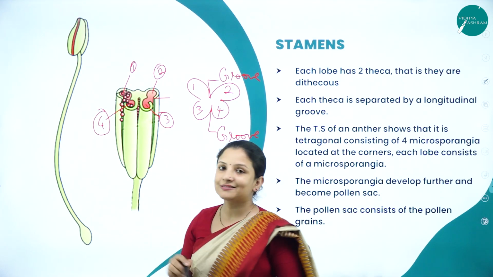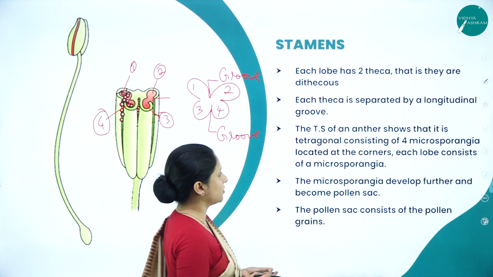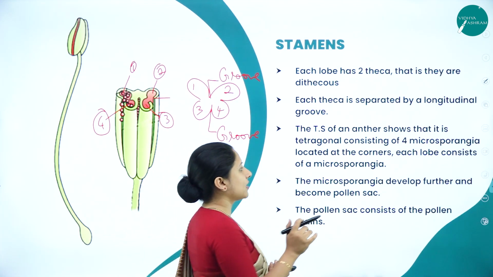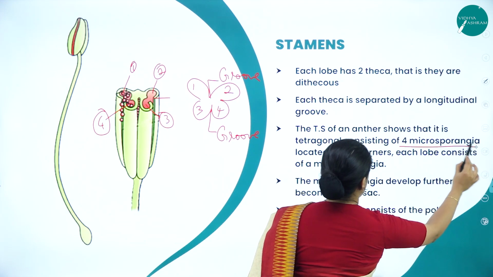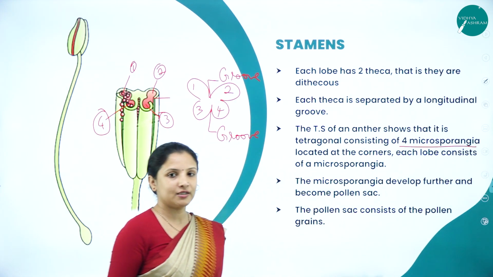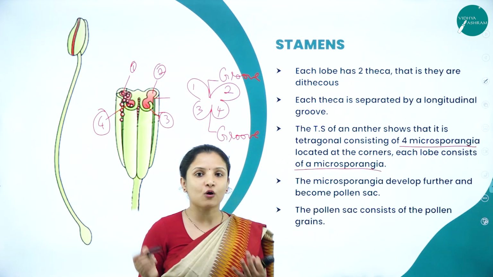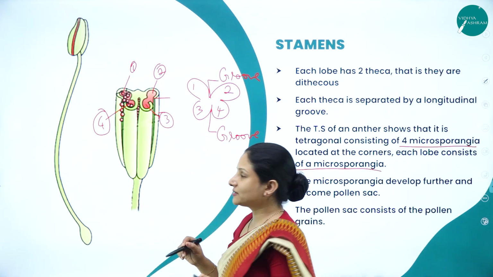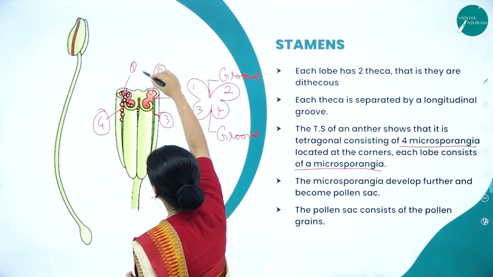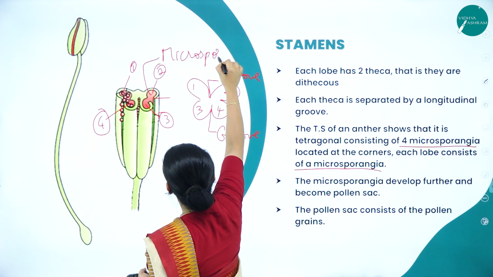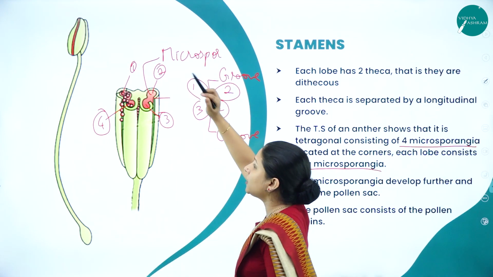Therefore it is tetragonal, and in this tetragonal structure there are 4 microsporangia located at the corners, and each lobe consists of 2 microsporangia. So totally how many tetragonal corners are there? 4.